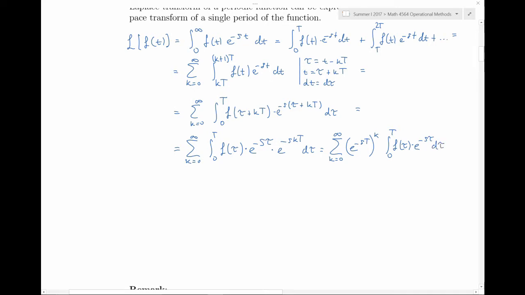And then we can write the Laplace transform of the whole function f as a summation of the Laplace transform of just one period of the function times e to the minus sT to the power k. Since the Laplace transform of one period is something that's independent of k, we can move it outside.